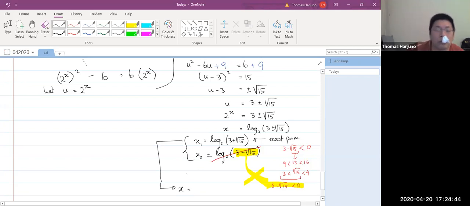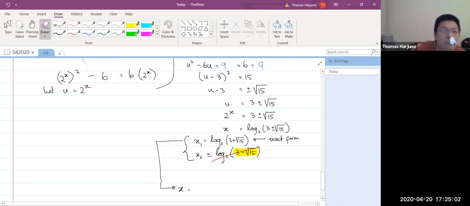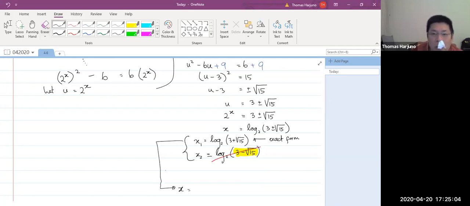Let me ask you to use your calculator. You do your calculator and I do my calculator. And by the way, this part here, you actually don't need to show. I just show you how we visually check that something is wrong with the domain, or something is wrong with the argument there, such that I have to cancel that one answer. Okay, log base 2 of (3 plus radical 15).